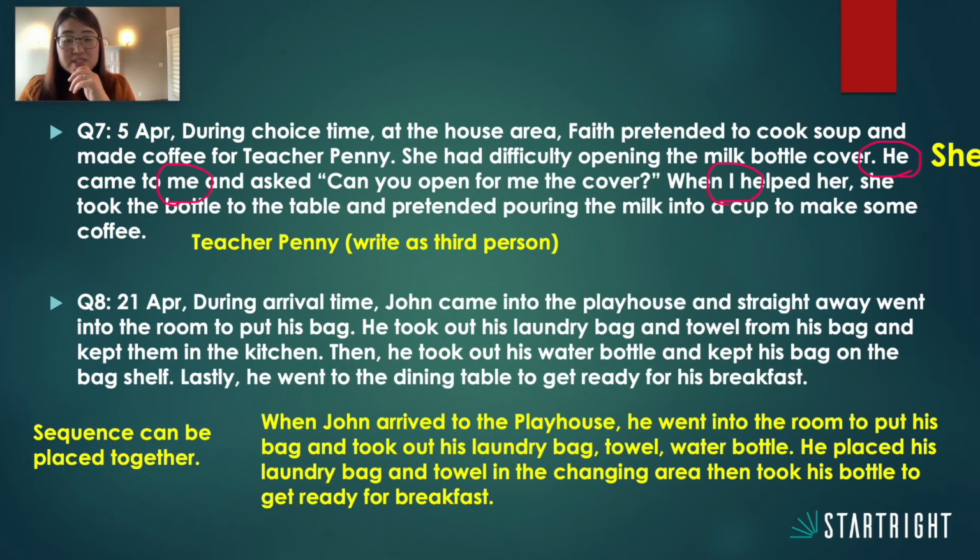He placed his laundry bag and towel in the changing area, then took his water bottle to get ready for breakfast. Okay, so this is just mainly putting things more together rather than too many going in and out. So many bag here, bag shelf here, take out this bag, that bag. Oh, confusing. Alright.